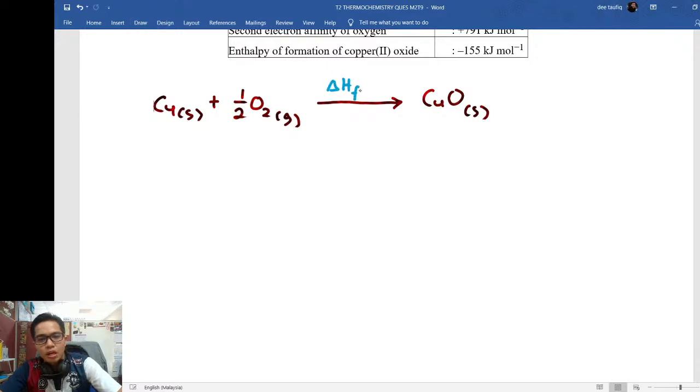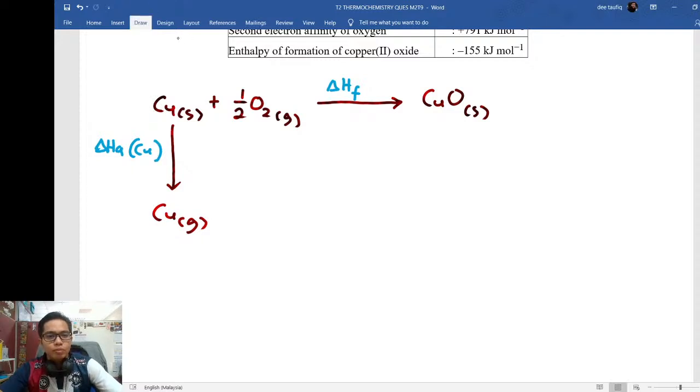Okay, and this is enthalpy of formation, delta HF formation. Okay, next, from our element we must change them into atom. So from copper solid change into copper gas atom, and this is enthalpy of atomization, delta HA for Cu.